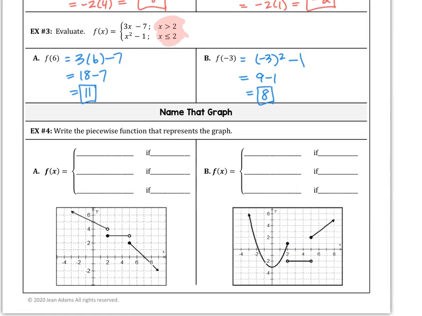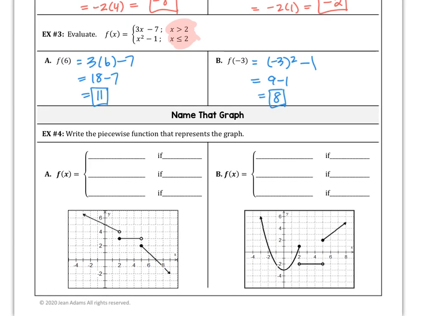All right, so name the graph. I find students kind of struggle with this part, but you need to be able to do this. First thing we're going to do is look at the areas of the x's. So notice we've got one piece that goes from x of, what is that, 2 on forever, right? So that means this would be if x is less than 2.